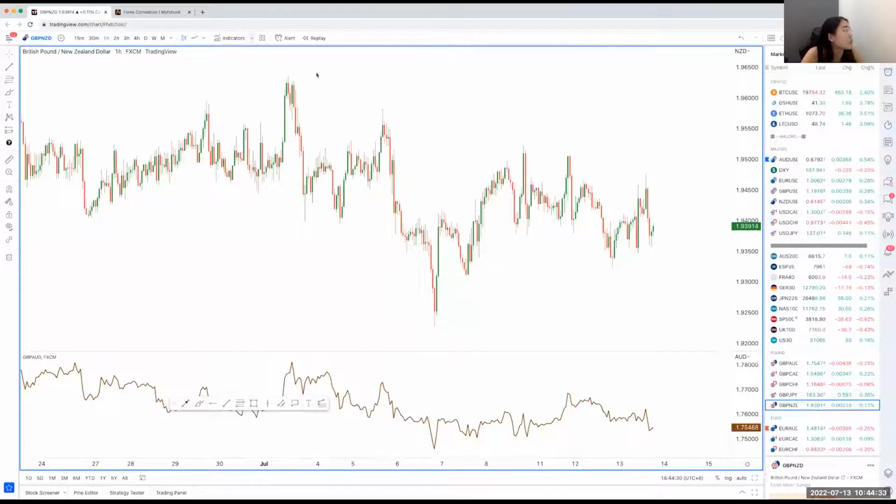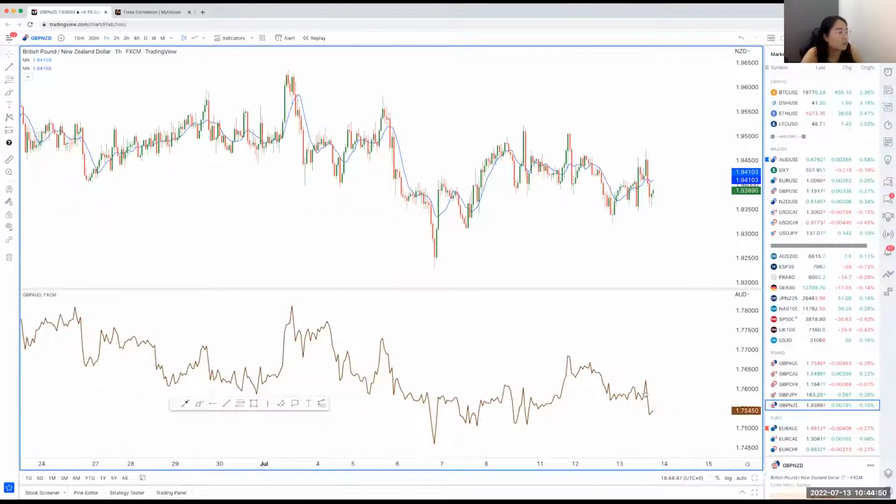Now we're going to pull out the moving average. Why? Because this is our topic for today, so we'll be focusing on the moving average. Why isn't this coming off?